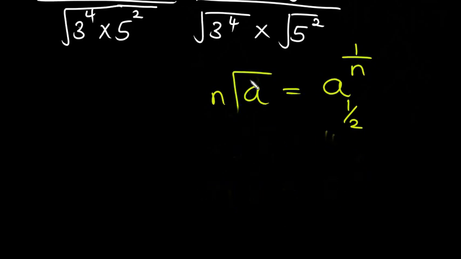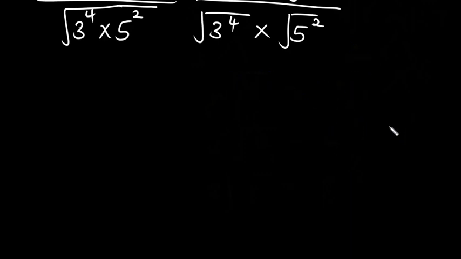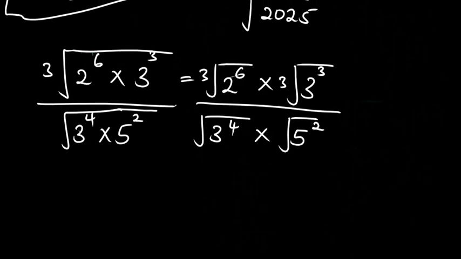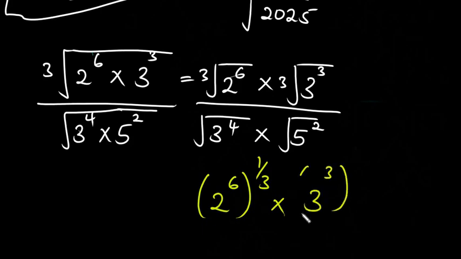So let me clean up this. So let's go back here. Instead of having the cube root of 2 raised to power 6, we can have it as 2 raised to power 6, and then all these to power a third. And for this other one, instead of having the cube root of 3 raised to 3, we can have it as 3 cubed, and then all this raised to the power a third.